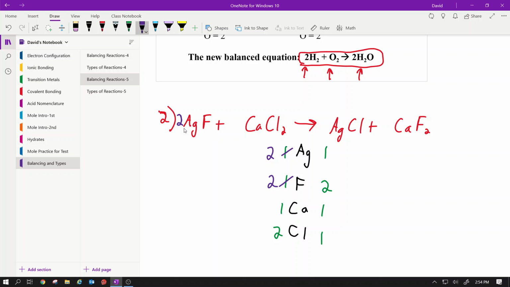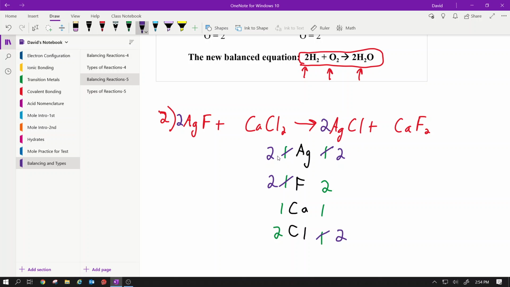Well, here's what I'm going to do. I'm going to see if I can fix my silver. So I'm going to put a 2 here to try and fix my silver. And when I do, I fix my silver up, and I've changed my chlorine also. So now I have 2 and 2. Happy surprise, a serendipitous experience. We have fixed our chlorines in the process.